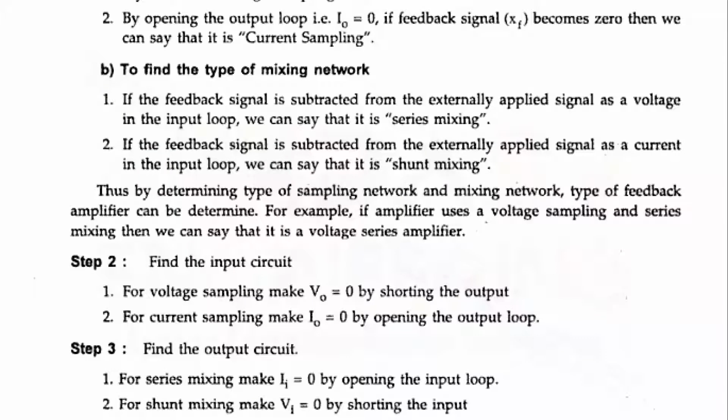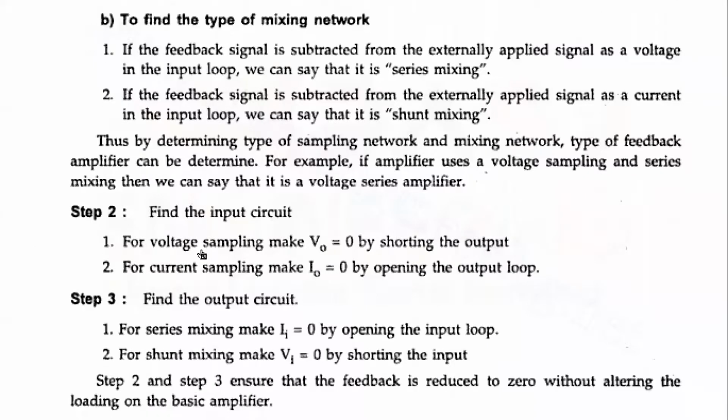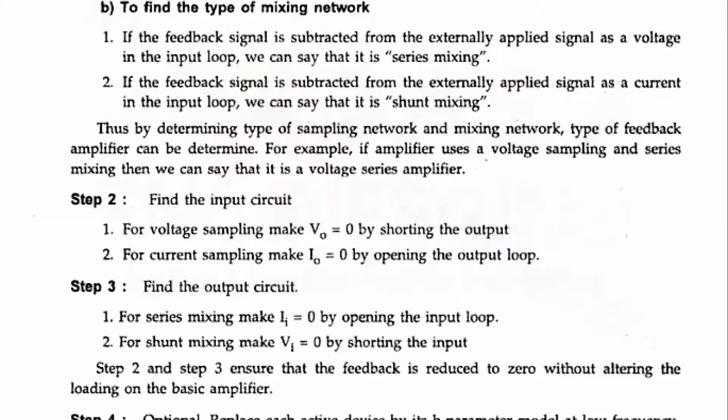Suppose you have shunt mixing, then what you should do is make the input voltage 0, and when you do that, whatever is the output circuit, simply draw it as it is. What happens is, because of step 2 and step 3, the feedback is reduced to 0. What we are doing in step 2 and step 3 is finding the input and output circuit.